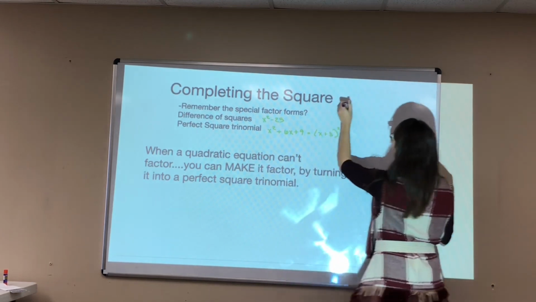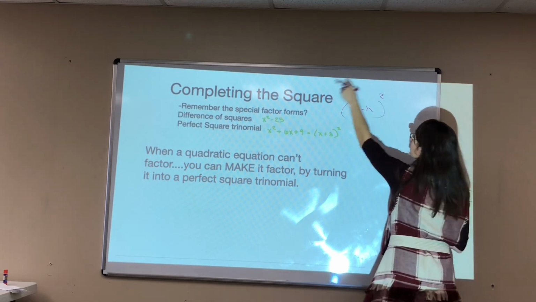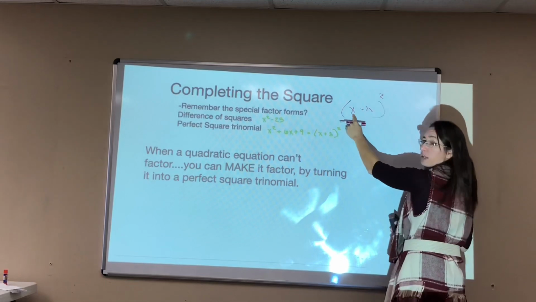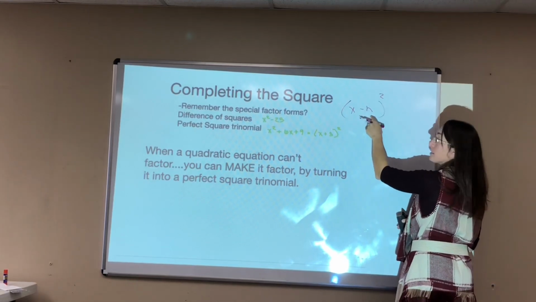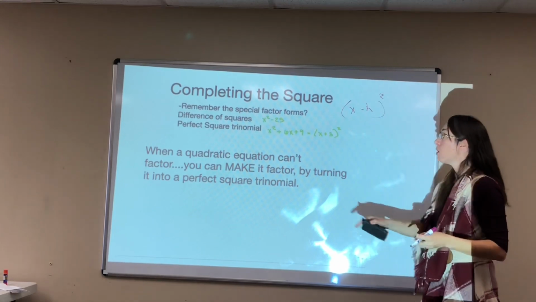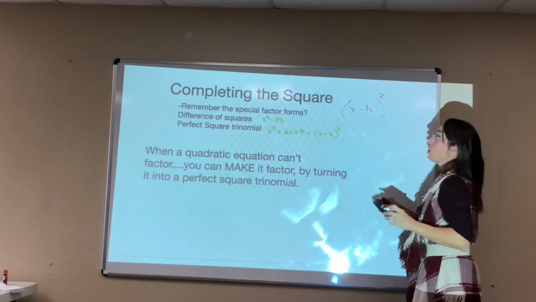When we put it in this x minus h squared form, this is a perfect square trinomial, right? We know it's the first guy squared, 2 of the middle guys, the last guy squared. So we can force it by making a new value.